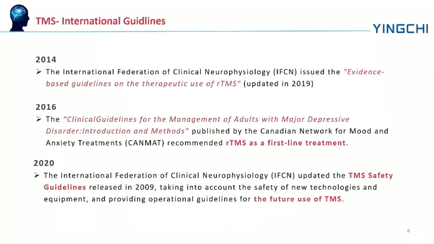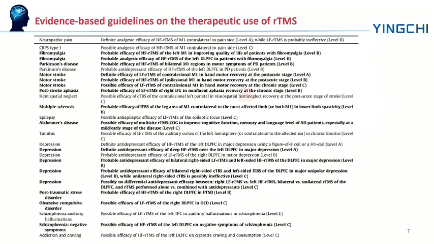And in 2020, the TMS safety guidelines were updated; before that, they were released in 2009, providing operational guidelines for the future use of TMS. So this is some recommendation from the evidence-based guidelines on the therapeutic use of rTMS.